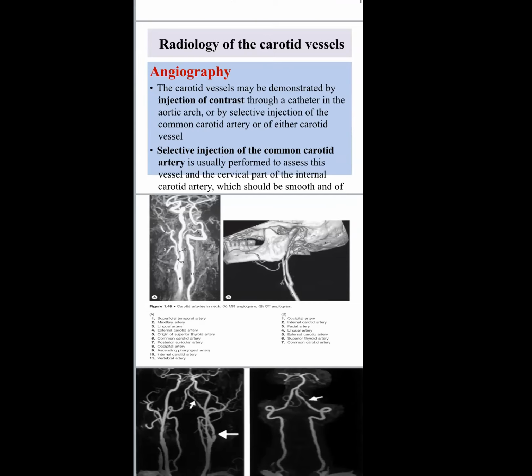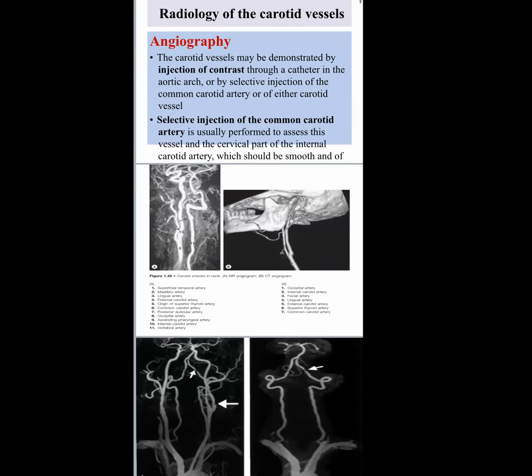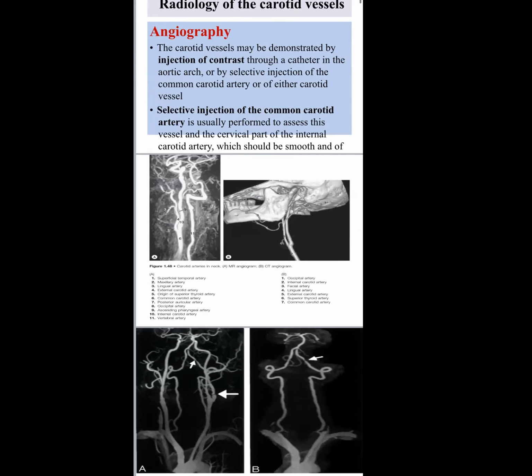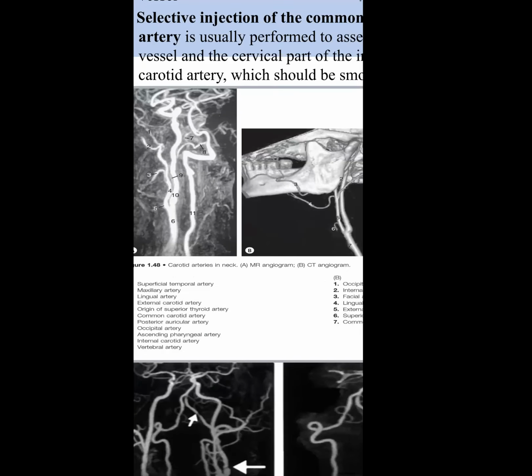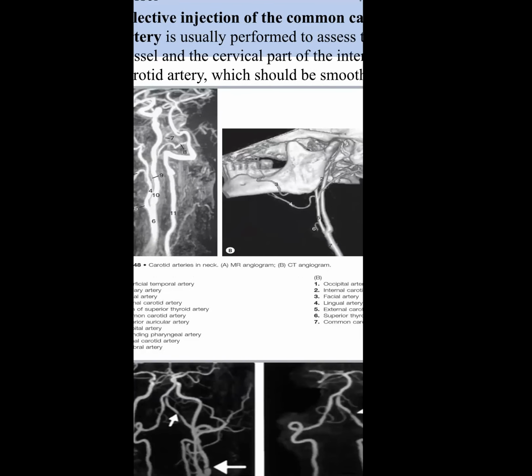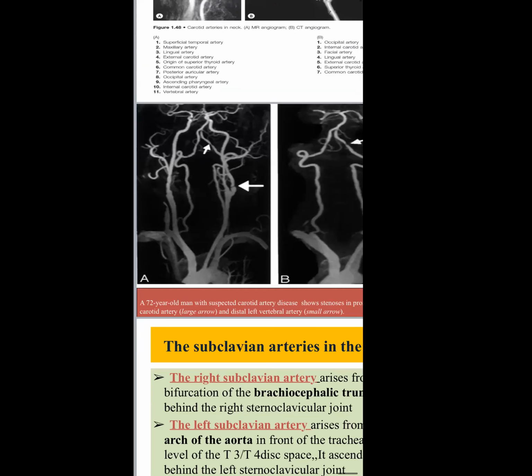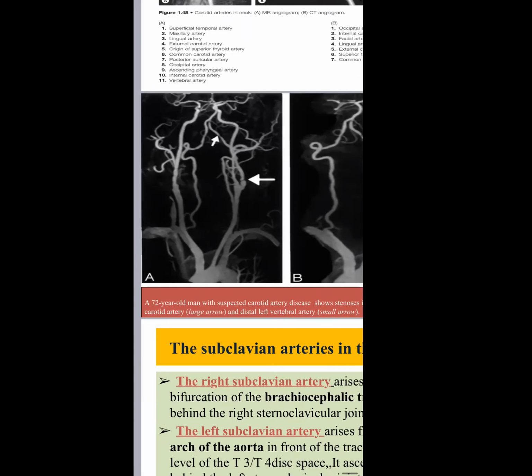هاي البيكتشر showing MR angiogram A and B is CT angiogram. Here we have a 72-year-old man suspected carotid artery disease.